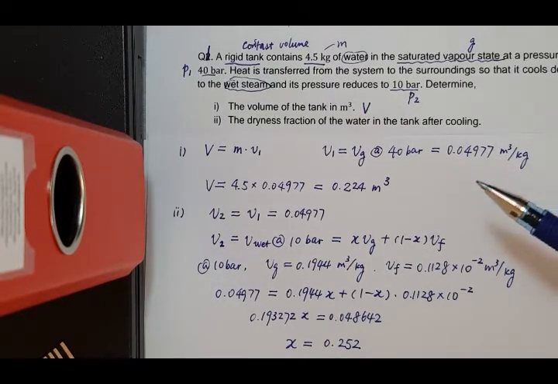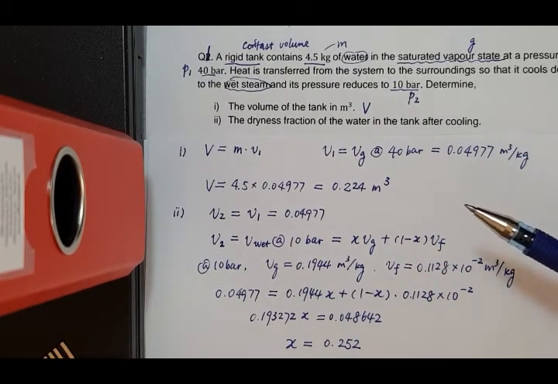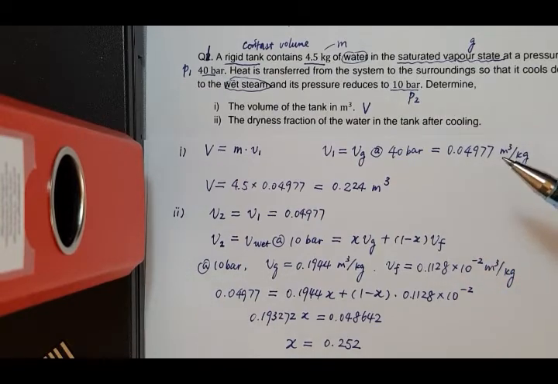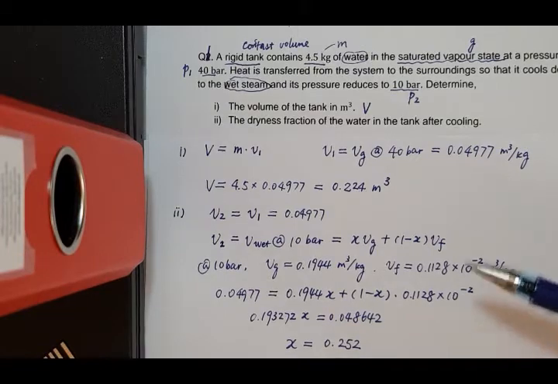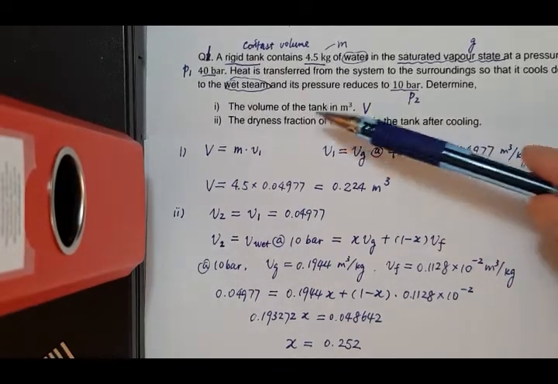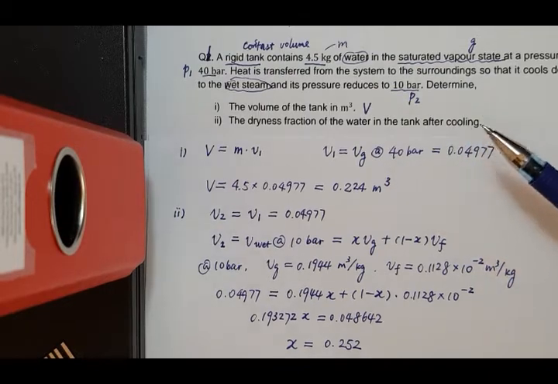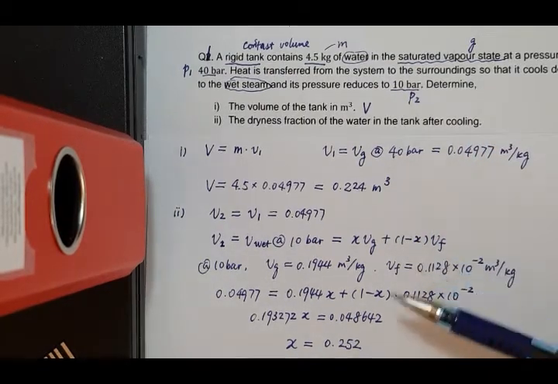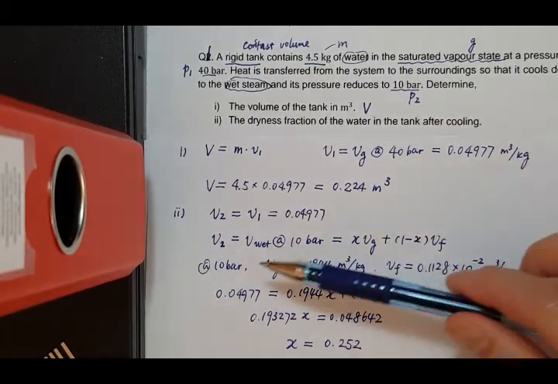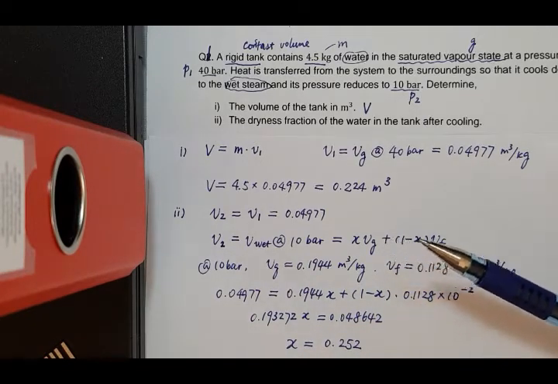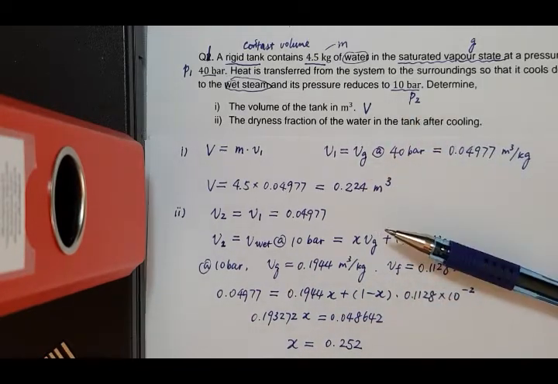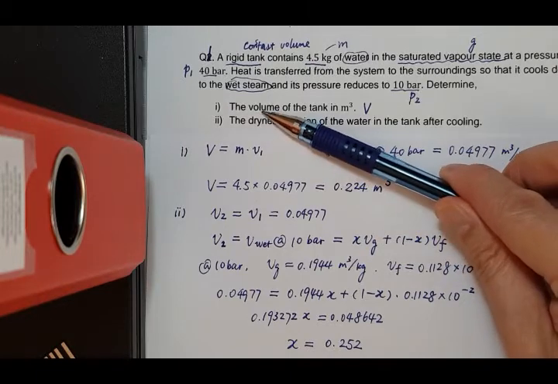As you can see here, it's not a very direct question asking you to just use a steam table to find something. You actually needed to think about what information you really need for this particular question, and then use a steam table to find the necessary information to do all the calculations. In this particular question, we're talking about volume.